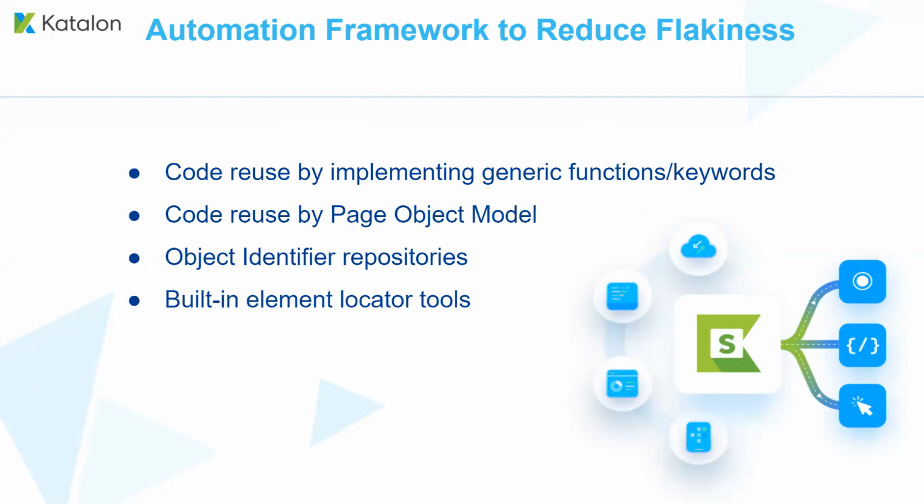Another good pattern we want to adopt, which is part of the key concept in the automation framework, is to adopt a page object model. And also having an object repository of different elements which your scripts are going to use.